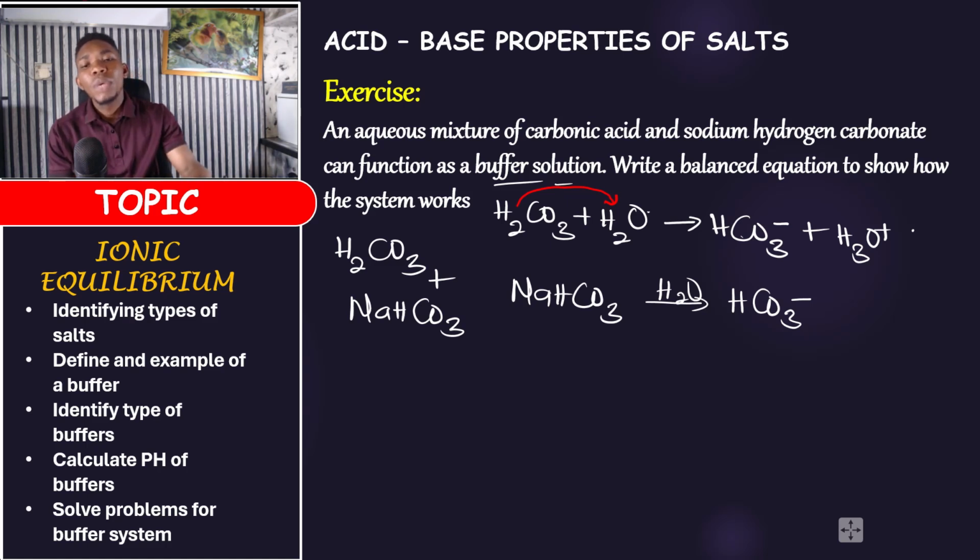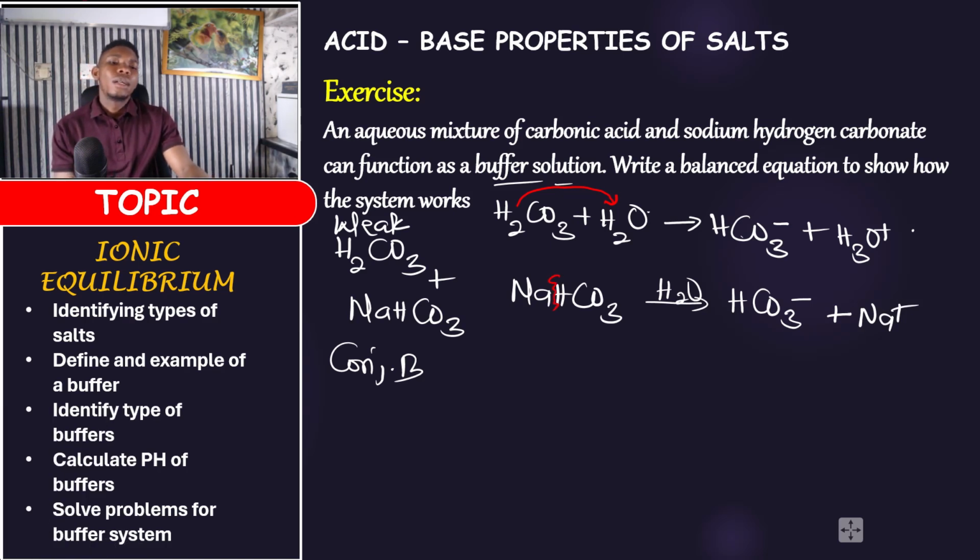Which of them is the weak acid in this case? Carbonic acid is the weak acid, while the sodium hydrogen carbonate is the salt of the acid, or the conjugate base. They will always form 1 ion at this place here. So this gives us HCO3 negative, and the sodium ion will be left here because this whole system will split. Are you getting it now?